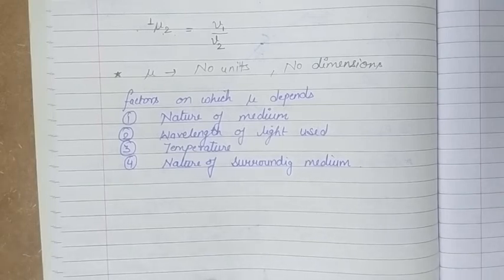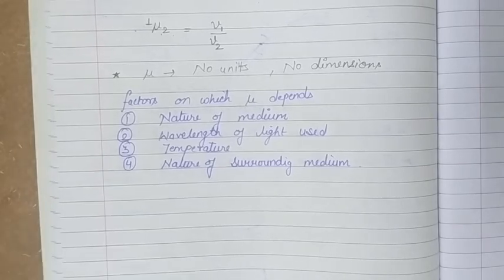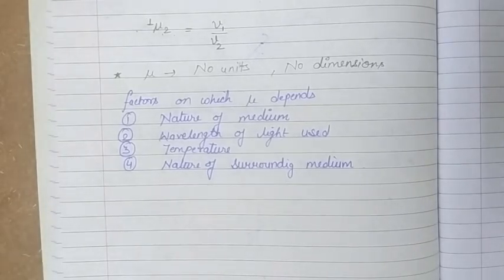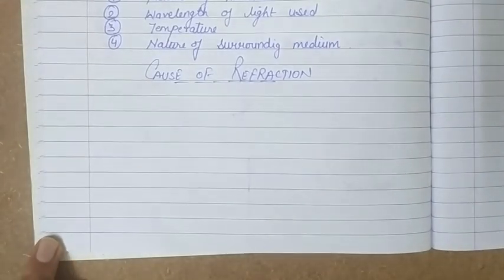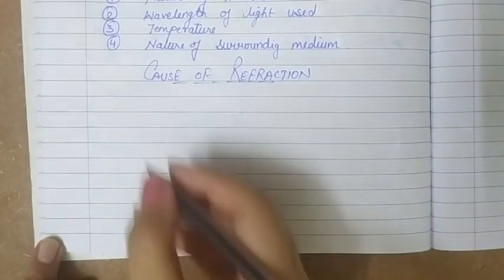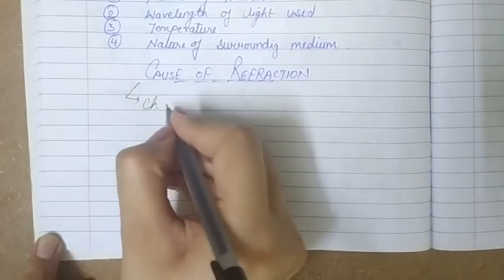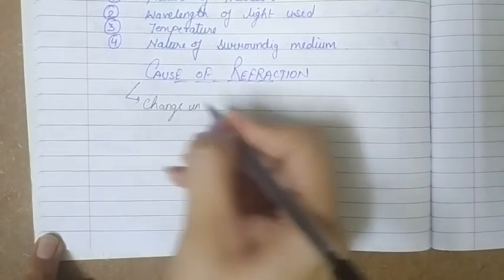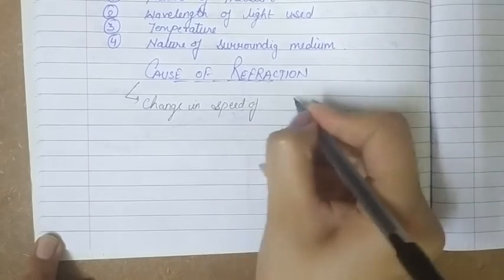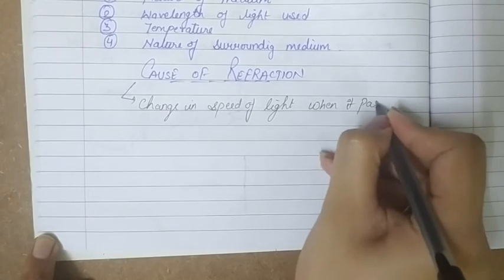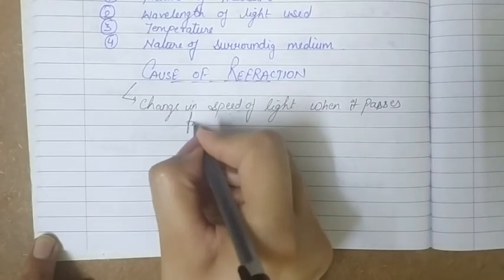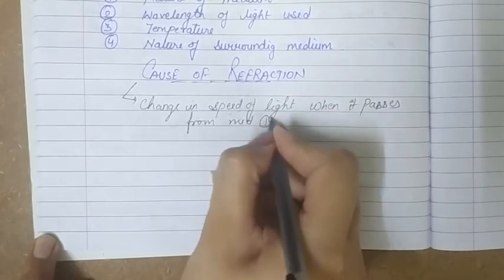Now what is the cause of refraction? This is the main thing. Refraction is happening, we can observe that light is bending, but what is the reason for that? So let's see what is the cause of refraction. The main cause behind the phenomenon of refraction is the change in speed of light when it passes from medium 1 to medium 2.